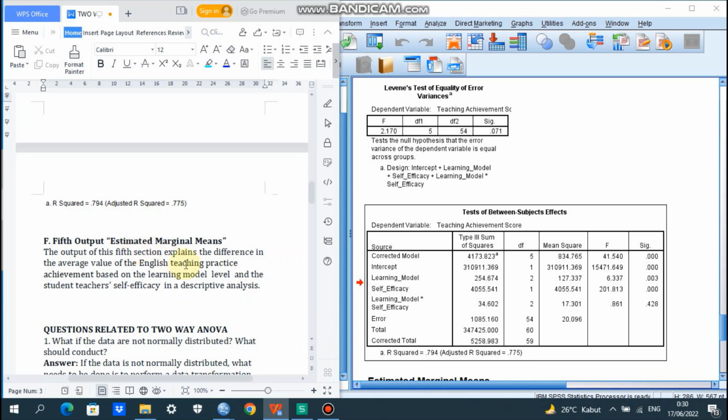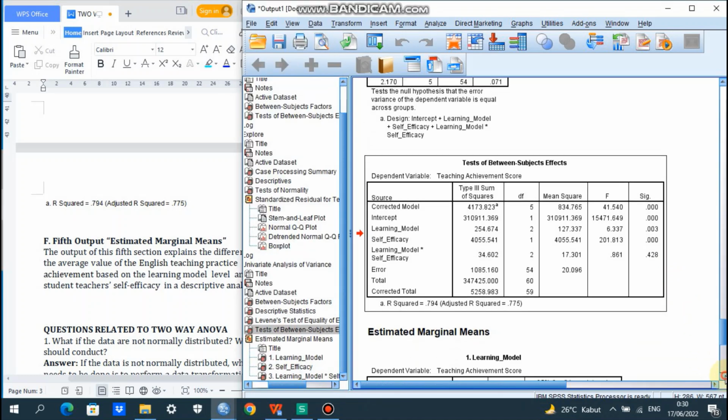the fifth output, estimated marginal means. The output of this fifth section explains the difference in the average value of English teaching practice achievement based on the learning model level and the student teachers' self-efficacy in descriptive analysis.